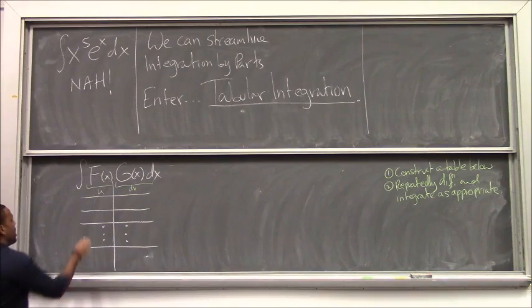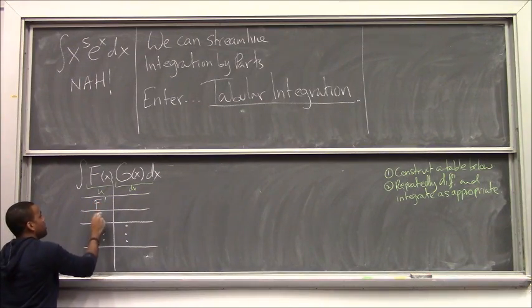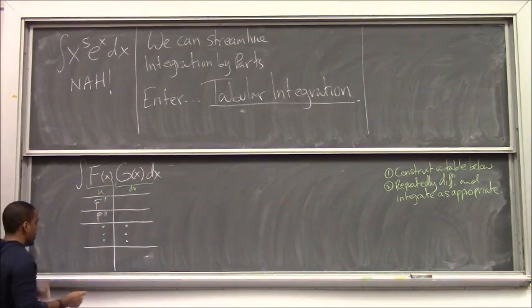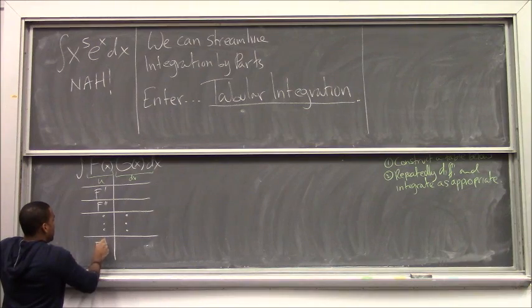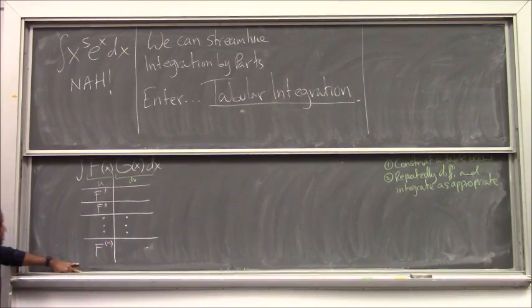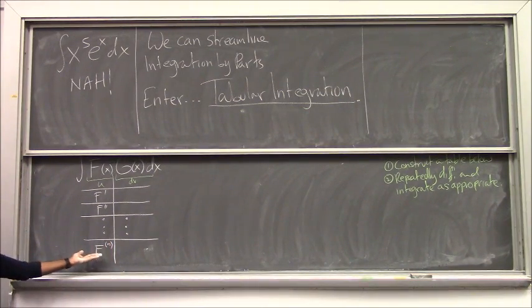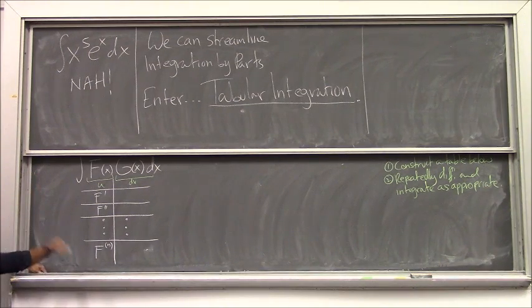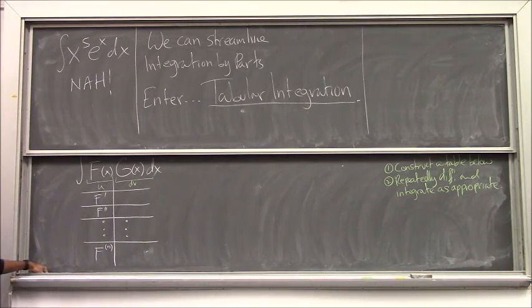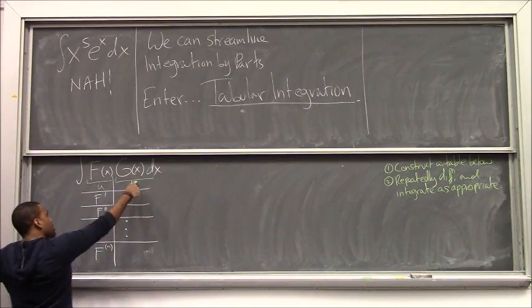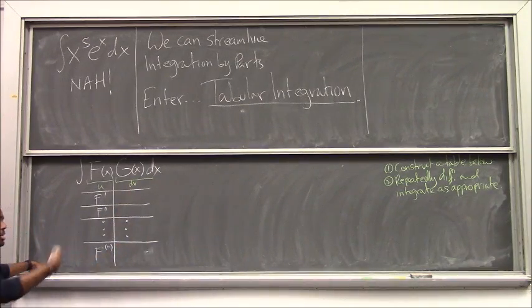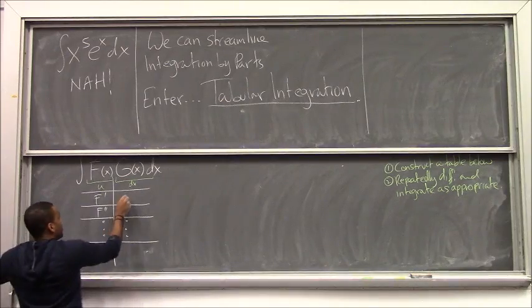So I'm going to take f, find f prime, then f double prime, and keep going down to the nth derivative of f. How many times do I take the derivative? What is n? I'm going to tell you later how to determine it, but this is what the table is going to look like. Then the dv is the one you integrate. You're going to repeatedly integrate this.